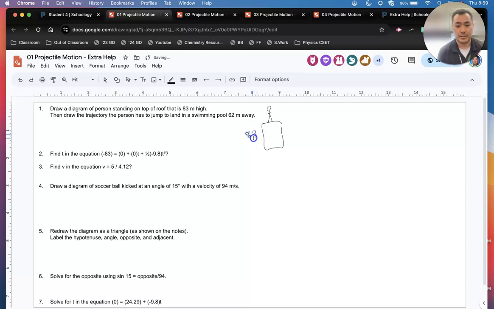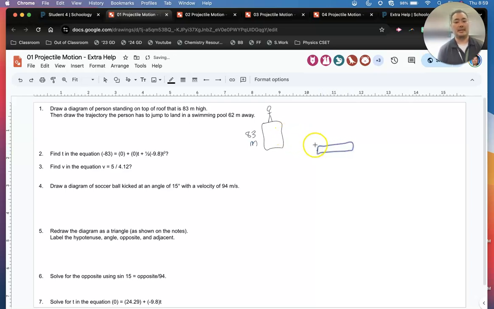Let's make this more clear. 83. He's standing on top of the roof. He's going to jump from the roof to the swimming pool, but the swimming pool's far away. Swimming pool's like way over here. And this is the case with many backyards.